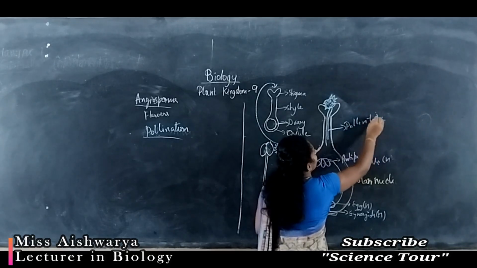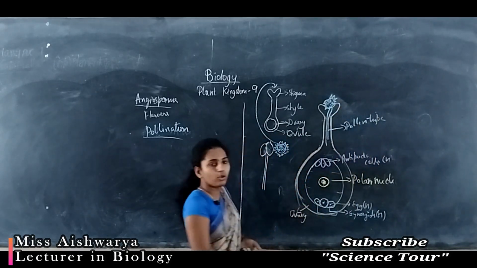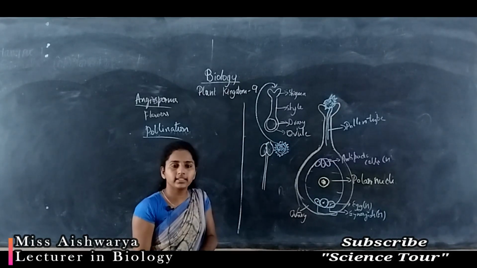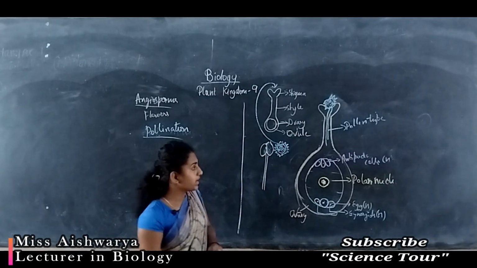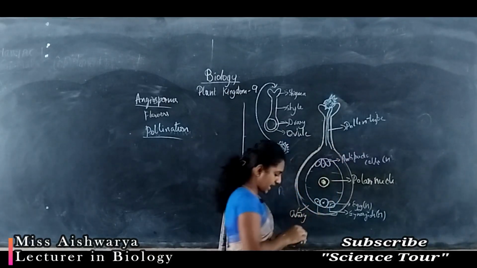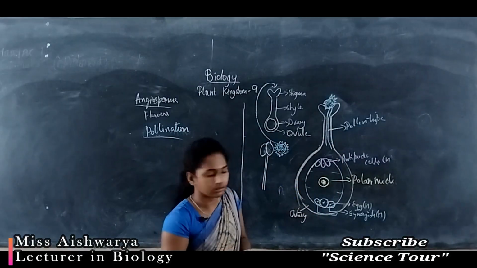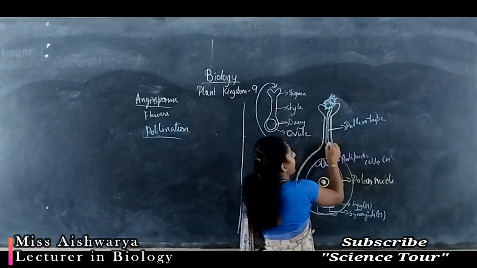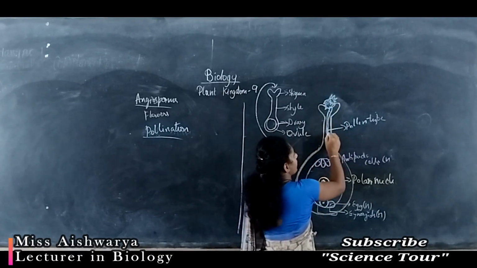The tube formed due to the germination of the pollen grain is called as pollen tube. This pollen tube will carry the male gametes downwards.